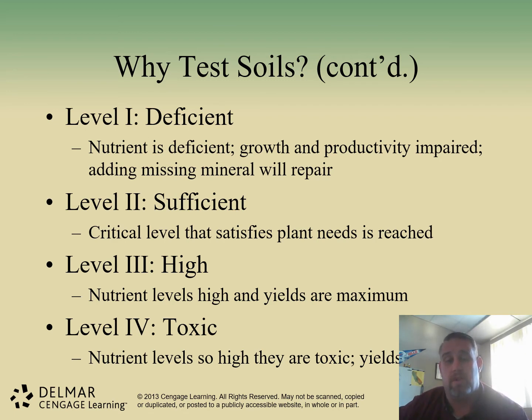So level 2 is where you want to see all your different nutrients as they come through on the soil test. Level 3 would be those nutrients are too high and can be verging on detrimental, and then level 4 would be toxic, where that nutrient level is so high that you can't grow plants in that soil without hurting the plant.